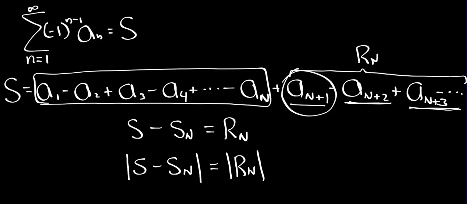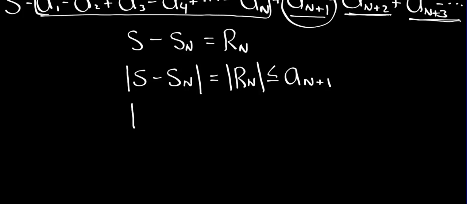So what is obvious here is that this has got to be less than A sub big N plus 1. In other words, if we want to know how good an approximation the big nth partial sum is to the entirety of the sum, here's what we know.